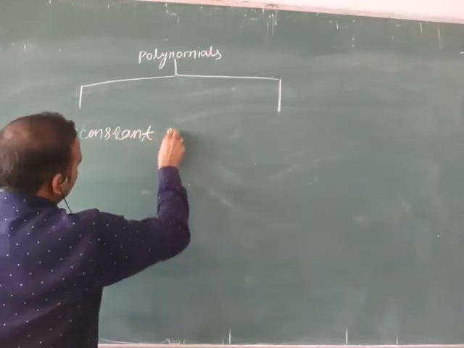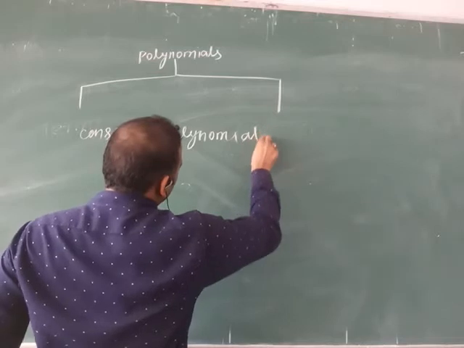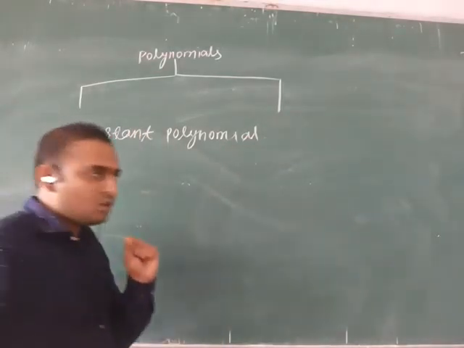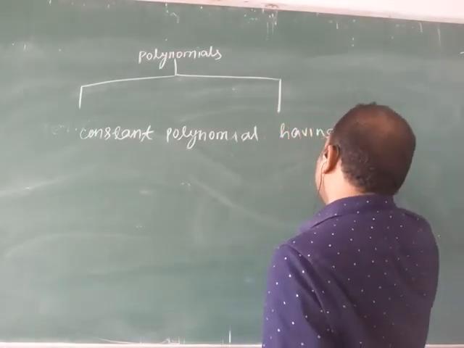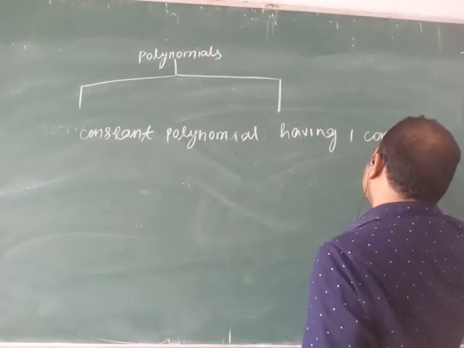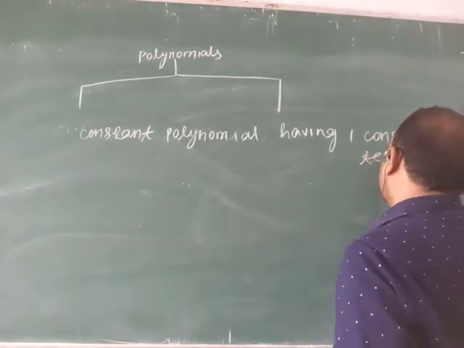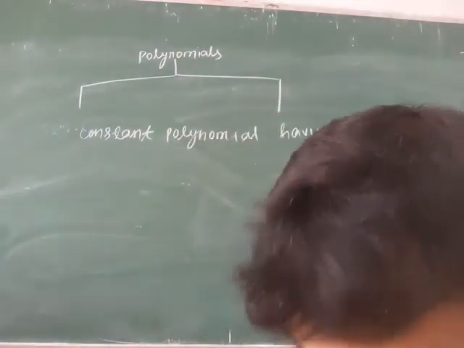A constant polynomial has only one constant term.